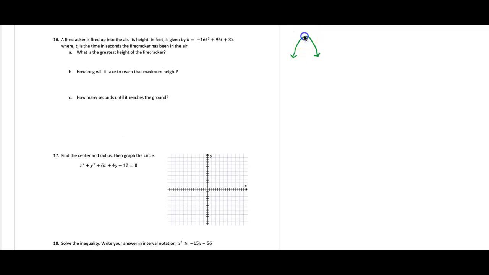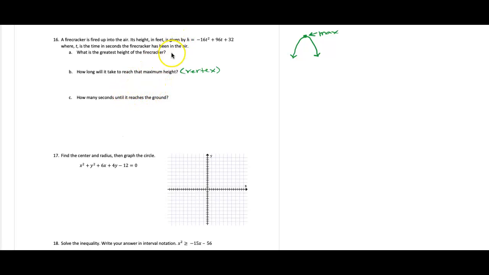And so that means the vertex is going to be a maximum. So I need to find the vertex in order to find the maximum. It's not going to say find the vertex, it's going to say find the maximum height, which means it wants you to find the vertex. So you have to keep those two things in mind.